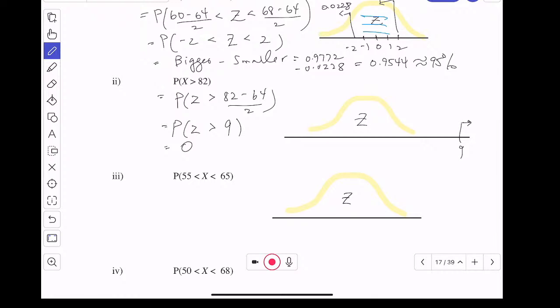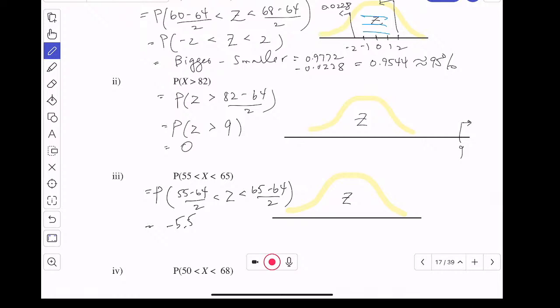Now I want to draw Z, so I need to standardize this. I need to convert each of these values into Z. So this converts into 11 over 2, or 5.5. Negative? Did I do something wrong?